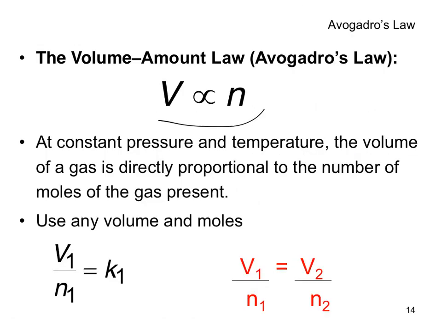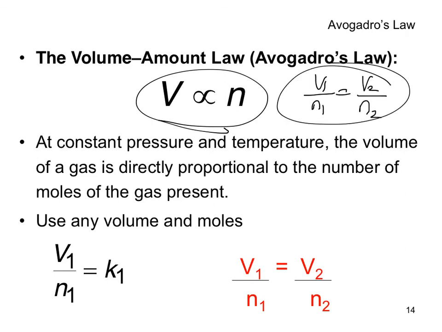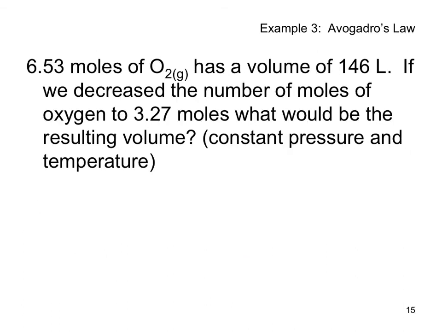Carrying on, continuing our discussion of Avogadro's law, volume is proportional to the number of moles, and hence one can say that V1 over N1 is equal to V2 over N2, provided the pressure and the temperature are constant. Let's see if we can apply that to this problem. The question is, 6.53 moles of oxygen has a volume of 146 liters.